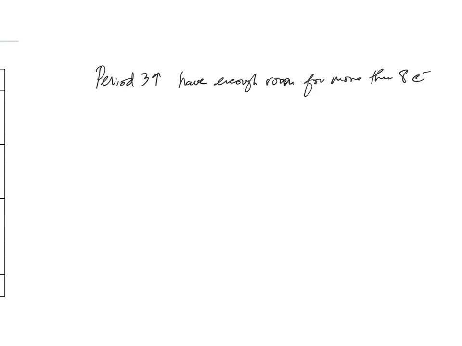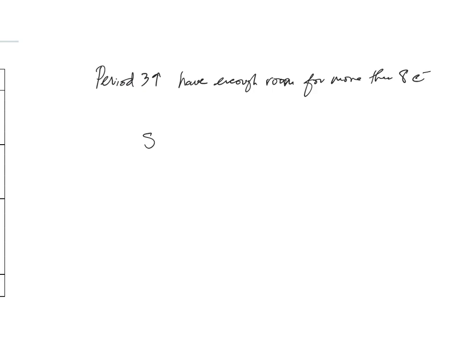So if you have sulfur in the free state, it is S8. If you have phosphorus or any of these big elements like sulfur, phosphorus, anything in period 3 or above, you can have exceptions.